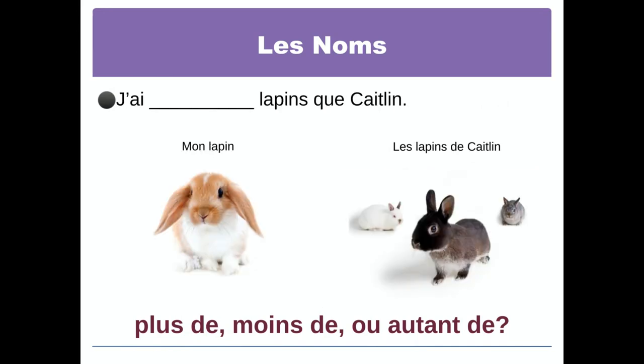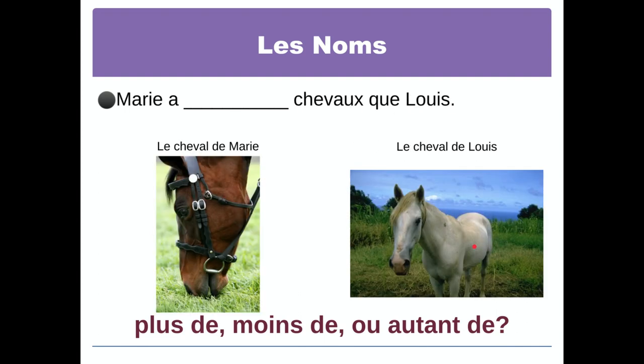J'ai plus de, moins de, ou autant de lapins que Caitlin. So, ça, c'est mon lapin. Et ce sont les lapins de Caitlin. Marie a plus de, moins de ou autant de chevaux que lui. So, ça, c'est le cheval de Marie et ça, c'est le cheval de Louis.